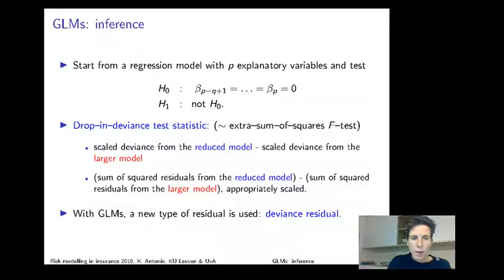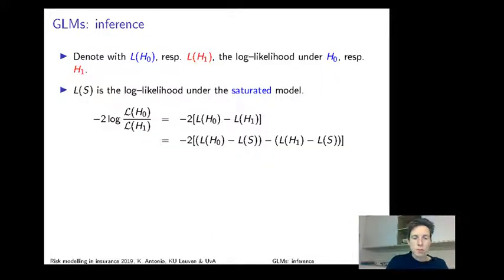Well, you will now develop the drop-in deviance test statistic as an example of a likelihood ratio test statistic. So denote with L_H0 the log likelihood as maximized under the null hypothesis, and let L_H1 be the log likelihood as obtained under the alternative. The likelihood ratio test statistic, which compares the likelihood under the null hypothesis and the likelihood under the alternative, can then be written as you see here on the sheet.